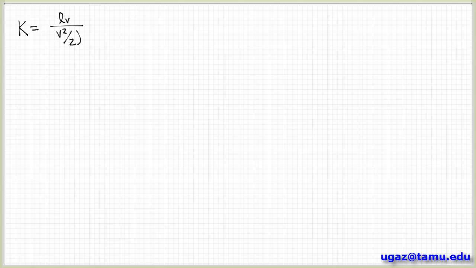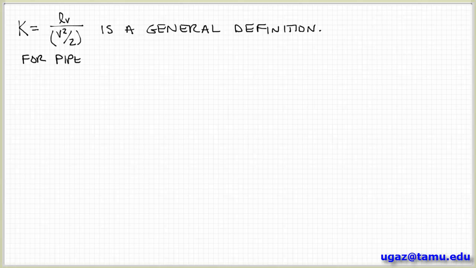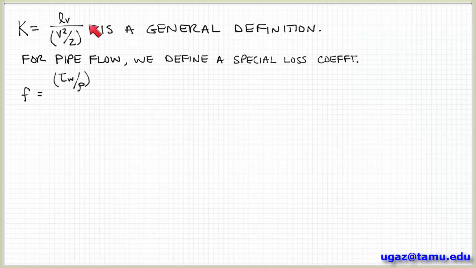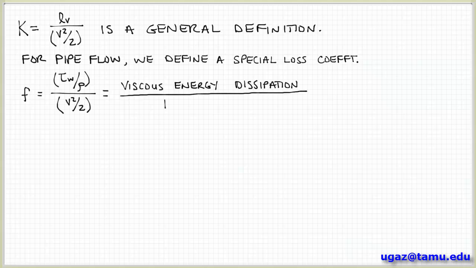Okay, so this definition for the friction factor K is totally general. Remember, it's just a dimensionless ratio between the viscous losses relative to a characteristic energy scale of the flow, which we take to be the kinetic energy, 1/2 v squared. So it's customary to take this general definition and specialize it for the case of pipe flow by recognizing that the viscous loss term involves this quantity associated with the wall shear stress, tau wall over rho, times other quantities that are just related to geometry, involving the length and the hydraulic diameter.